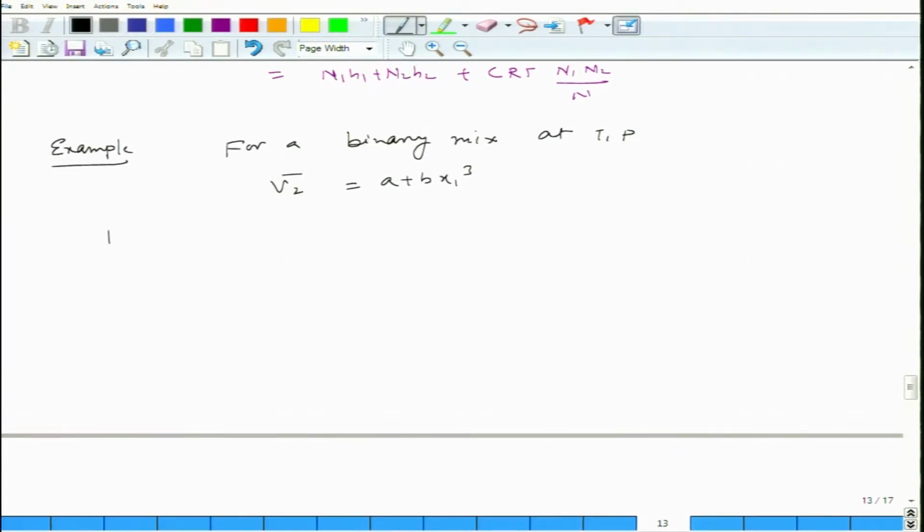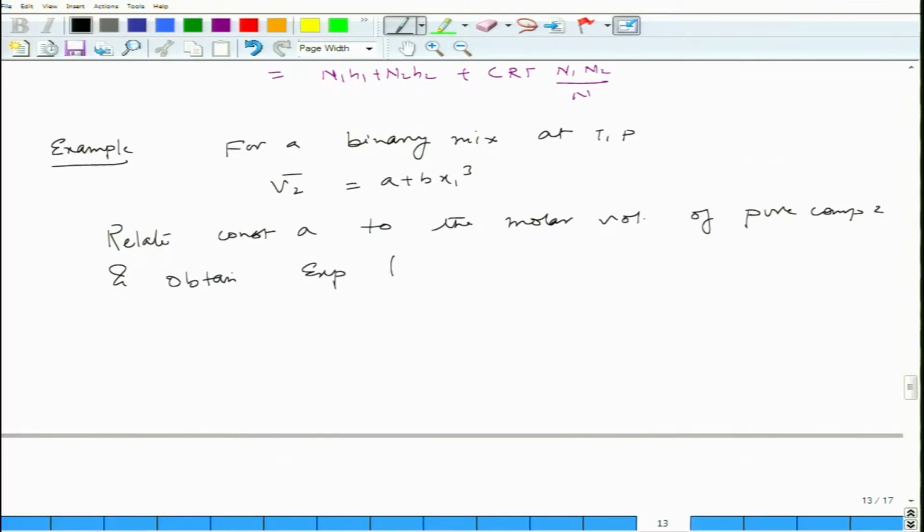And the question is to relate the constant A to the molar volume of pure component 2 and obtain an expression for V1 bar, and we need to also obtain delta V mix, the volume of mixing.